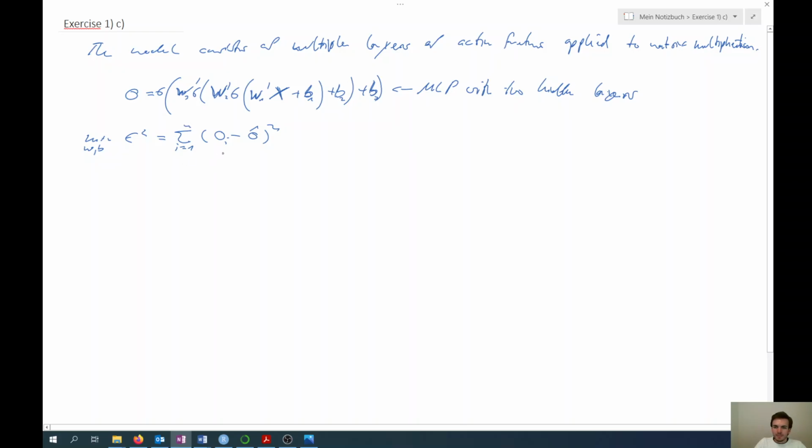You know this already. Now we want to minimize this, but we can't minimize it as we have done before. We need another approach, which will be gradient descent.